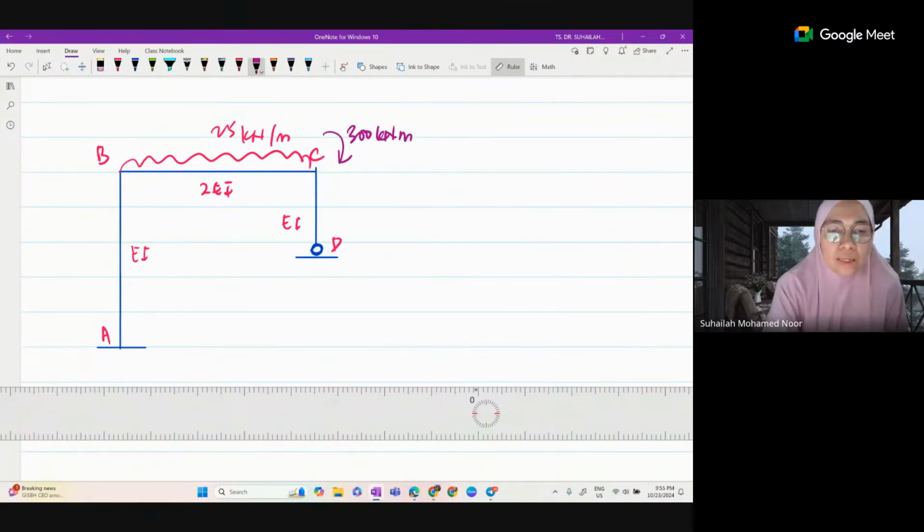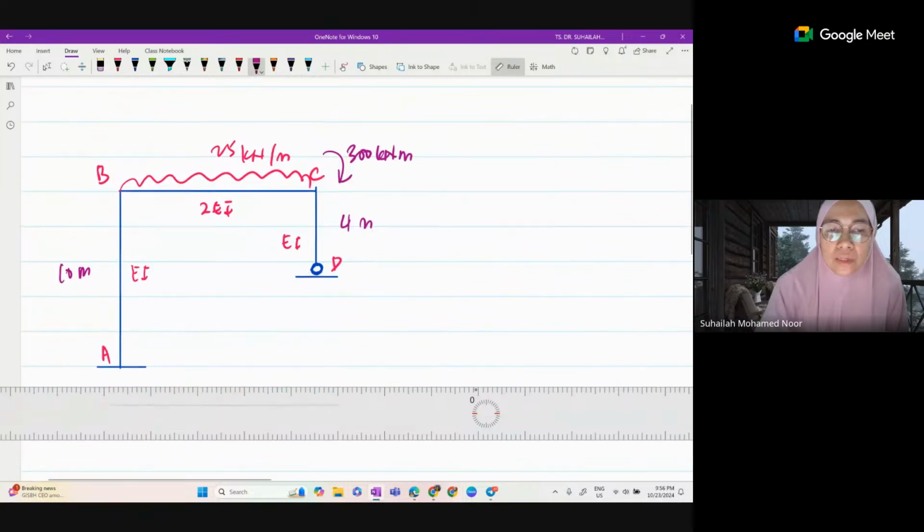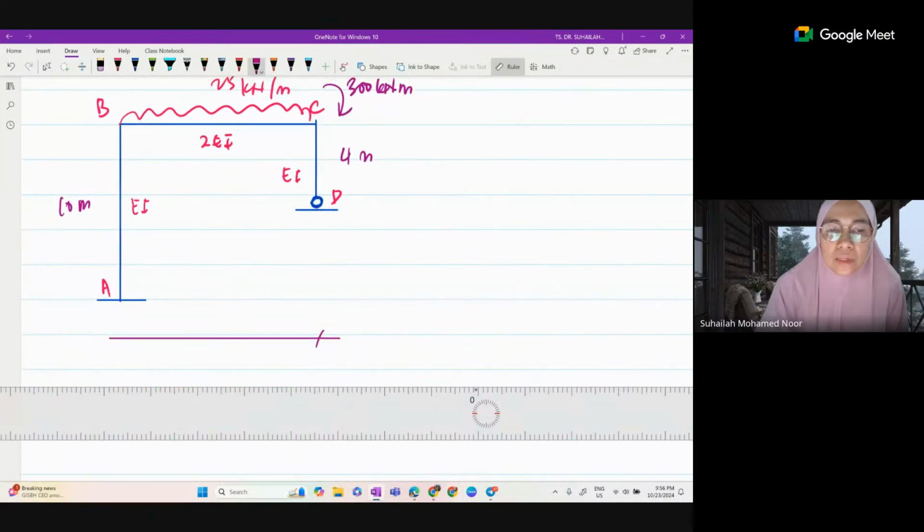Distances: let's say this is 10 meter, this is 4 meter, and this one is 9 meter, for example.